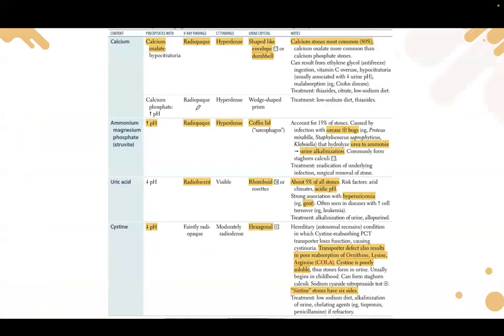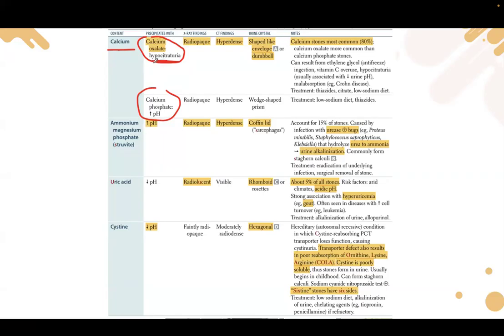Now, let me just show you a little bit about kidney stones. Probably you saw it in Muhammad Al-Fuwais's lecture. However, I'll just go through it quickly. The first type of stone is calcium. We have calcium phosphate and we have calcium oxalate. Calcium oxalate happens in cases of hypocitraturia. Why? Because usually citrate binds calcium.